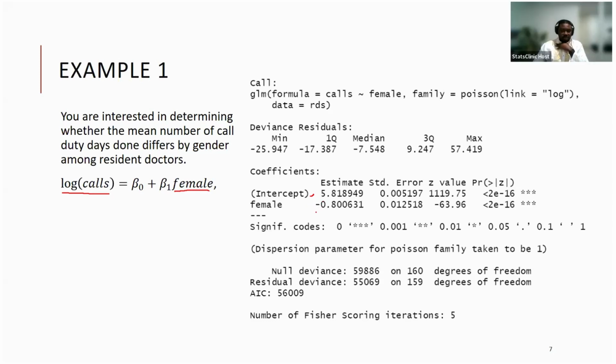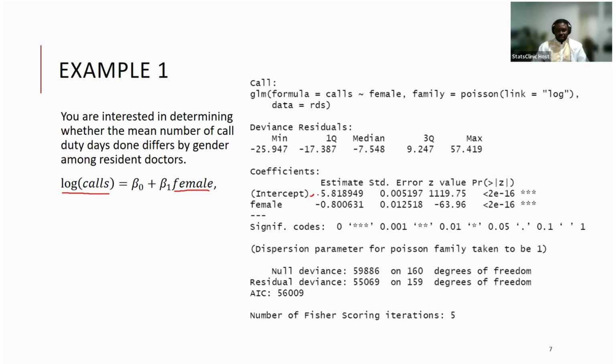Yes. So you have to exponentiate. First of all, let me clarify one point: the intercept refers to males here. We said that the intercept is when you set female to 0. Here female is 1 or 0. So if you set the female variable to 0, you're referring to male resident doctors.